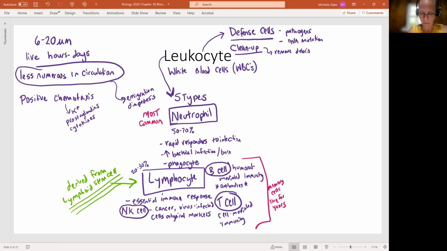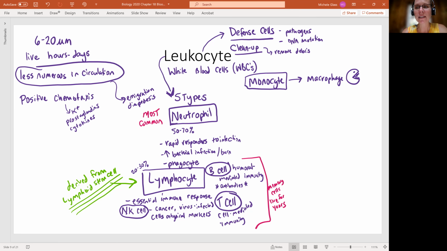Okay, the next one for us to look at is what's called the monocyte. And the thing here I want to say is that this is going to produce the macrophage. And I'm going to go ahead and draw again my Pac-Man with teeth, macrophage, because this is a super important phagocytic cell.